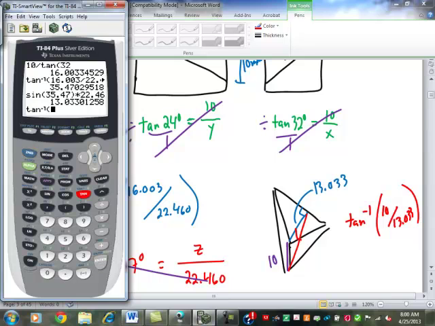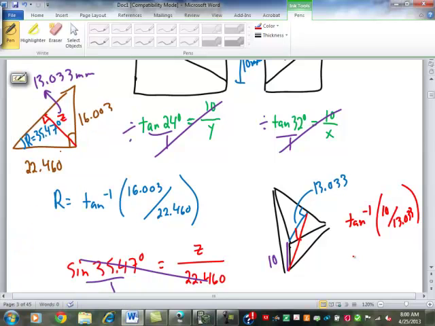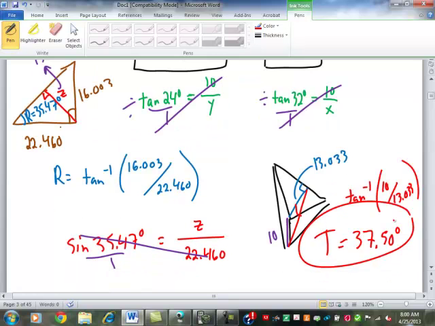So inverse tangent, 10 divided by 13.033 is 37.498, so 37.50 degrees is our angle of tilt. So we got a tilt of that, and a rotation. Remember, the rotation was the 35.47 degrees. So there's our setup right there.